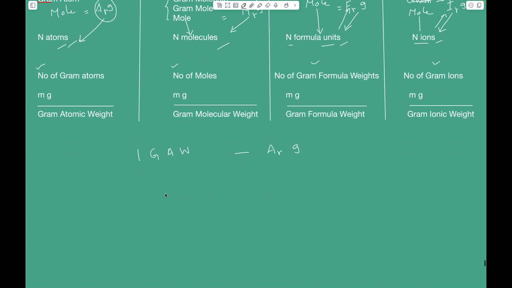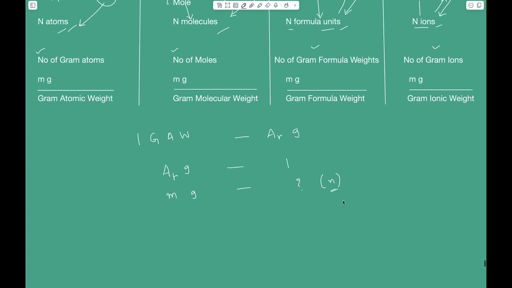Or in other words, if you have AR grams of an element, that means you have 1 gram atom of that element. Now say you took m grams of that element, then how many gram atoms do you have? See, the number of gram atoms, number of moles and all these things are represented by the symbol small n.